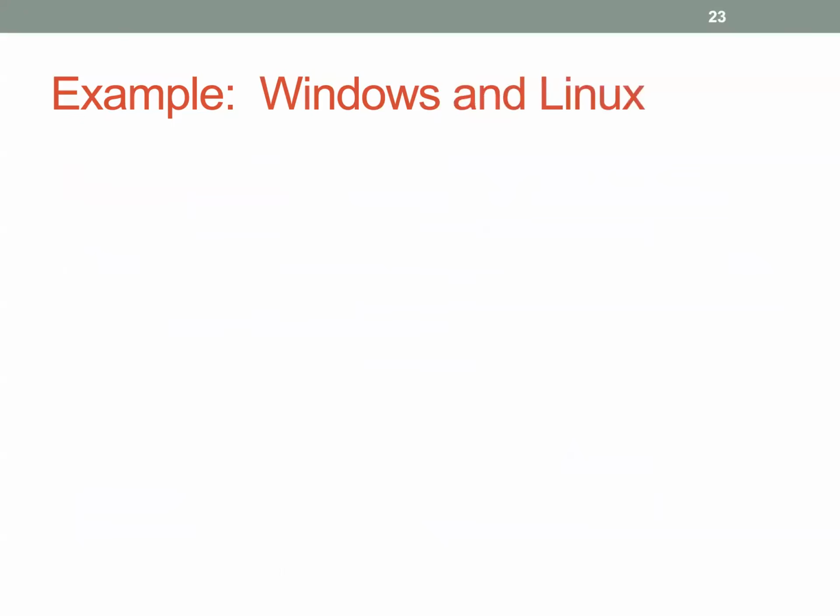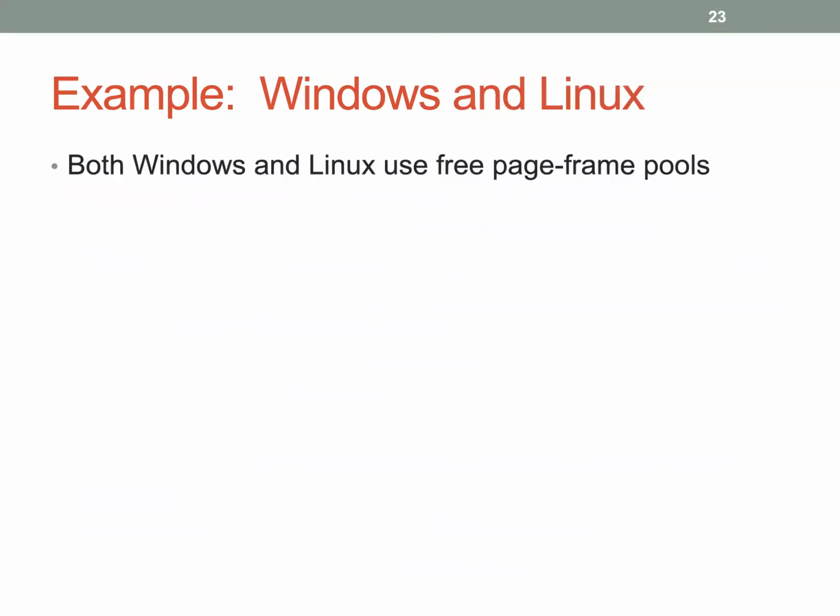Okay, the last thing I'll mention here is that both Windows and Linux use page frame pools. It's such a great idea. If I were building an OS, this is totally what would be in the virtual memory system. It increases the information you have to track, because if you get a fault on a page that's in the free pool, you have to be able to pull it out of the free pool.